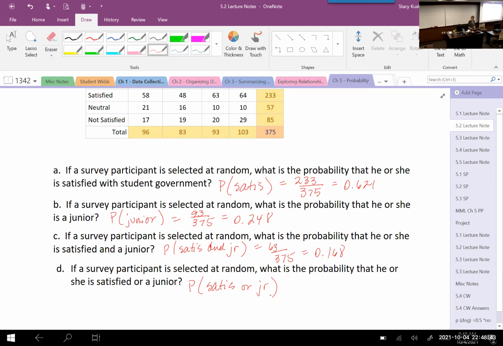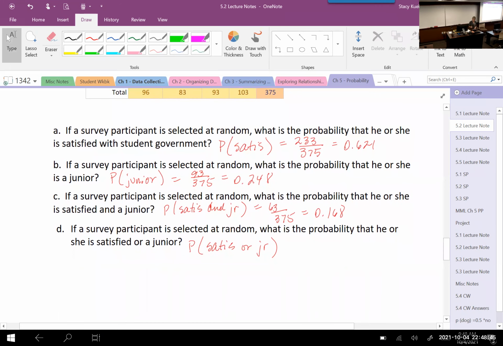Uh-oh, we'll practice it, okay? So if we are satisfied or a junior, we take the probability of satisfied plus the probability of a junior minus the probability of satisfied and a junior, because they are overlapping and would be double counted.